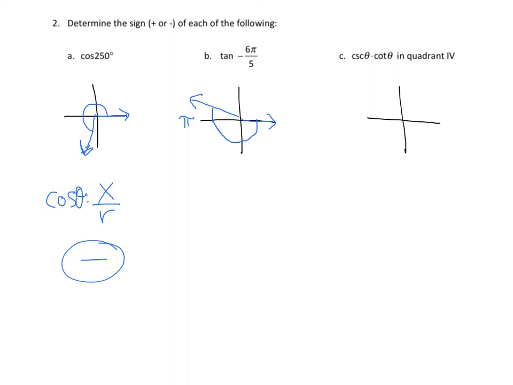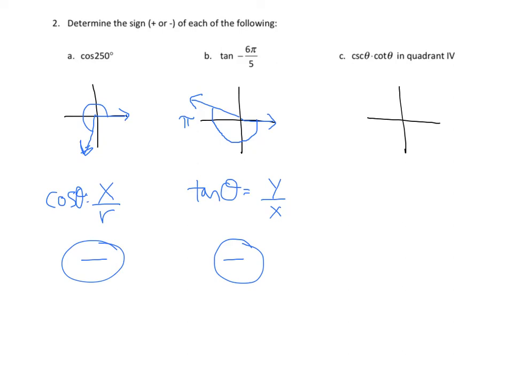And if we want tangent of this angle, tangent of some angle is always y over x. And in quadrant 2, y is positive, x is negative, so tangent would come out negative.